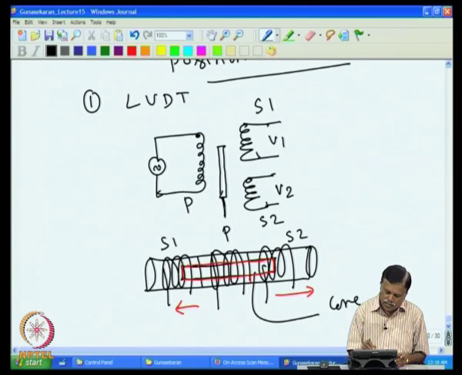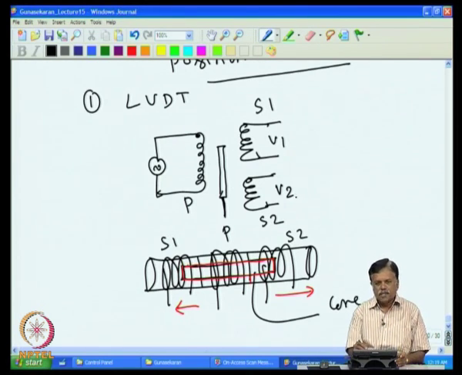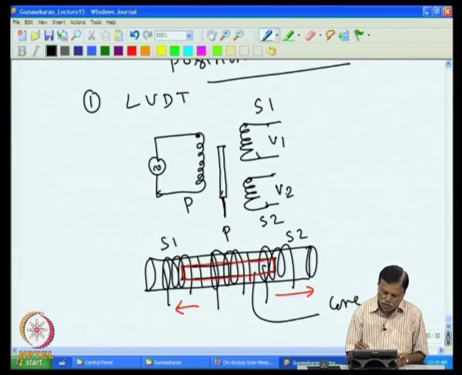When there is a displacement, the core moves accordingly, and you will get more voltage in V1 or V2. If it links both the coils equally, say if the core is at the middle, then you will get V1 and V2 equal. So, by measuring V1 and V2, one can determine the position of the core. This is the purpose of LVDT. That is why this is called linear variable differential transformer.